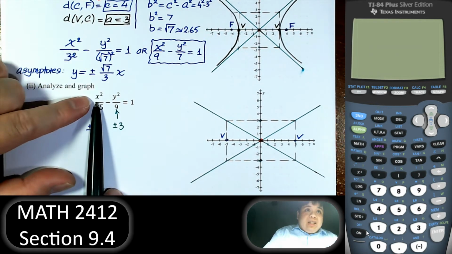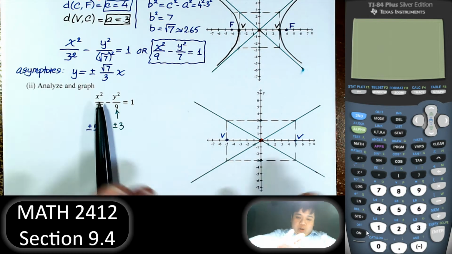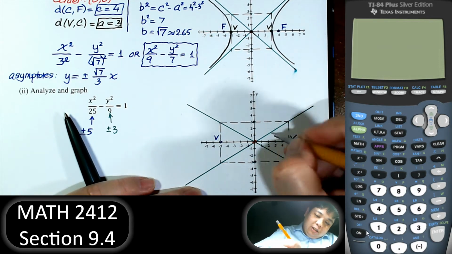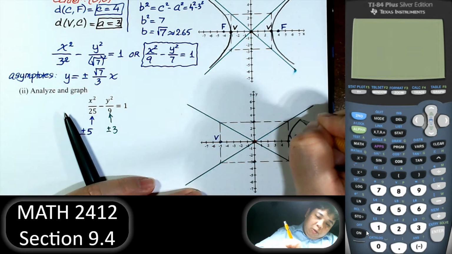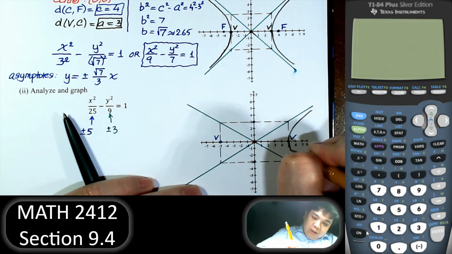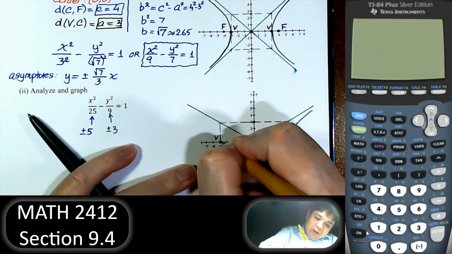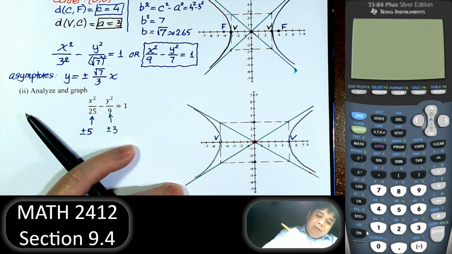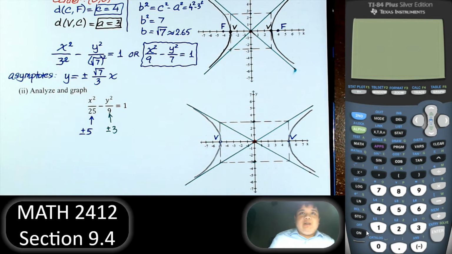We start with x, so this is going to be horizontal, so it opens sideways from the vertex, approaching the asymptotes. Right, so it looks like that, the hyperbola.